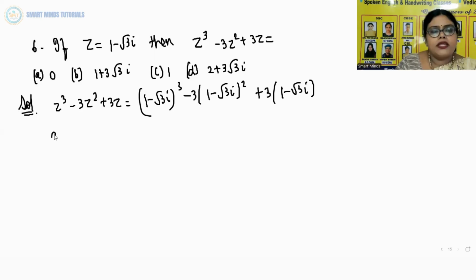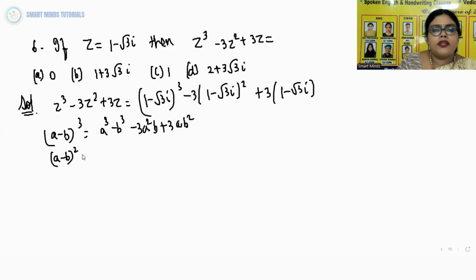Now we know that the (a minus b) whole cube formula is a cube minus b cube minus 3a square b plus 3ab square. And also we know (a minus b) whole square is a square plus b square minus 2ab. Now we need to apply these formulae in the first two brackets. So that is equal to (a minus b) whole cube.